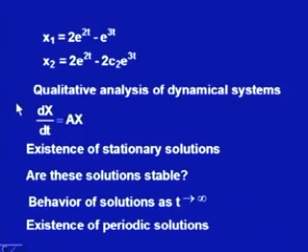So, when we discuss qualitative behavior of dynamical systems, we are actually trying to answer these questions, and these questions can very easily be answered with the help of eigenvalues and eigenvectors related to this differential system. So, let us illustrate this. For this we require concepts like equilibrium point, sometimes we call it stationary point.